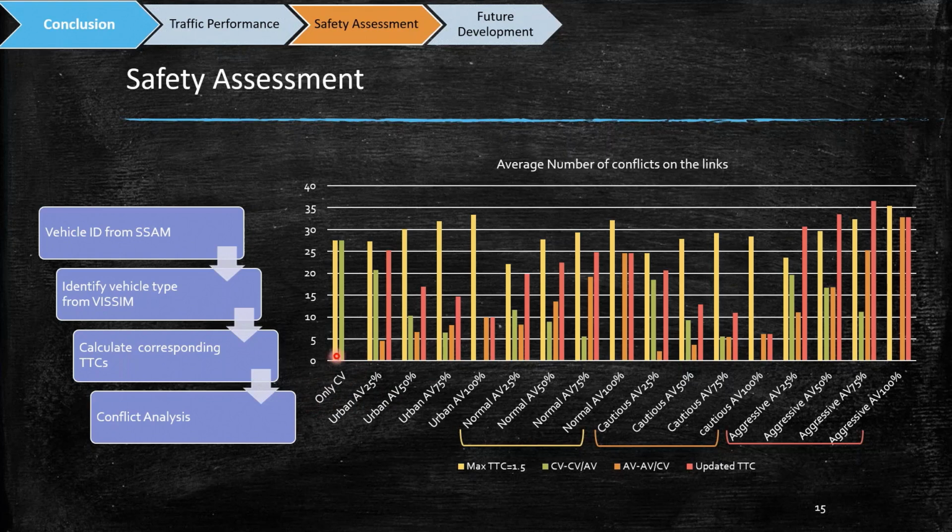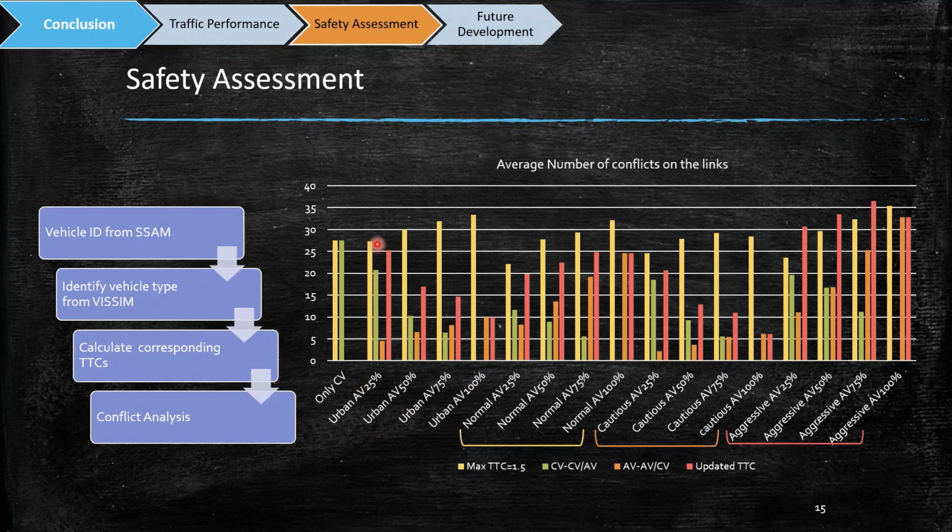For the only CV case, the maximum TTC that we have is okay, and for sure the interactions between the conventional vehicles are all included, and we have the same value. But for the later conditions, for the urban, I just brought the urban, but the results are not sensitive for us in this case because we have many assumptions.